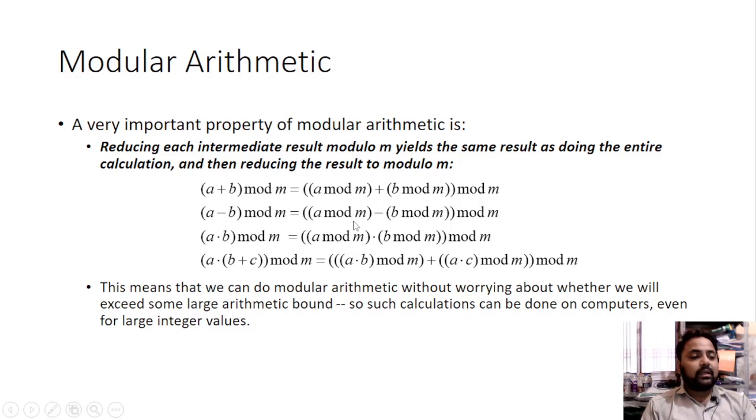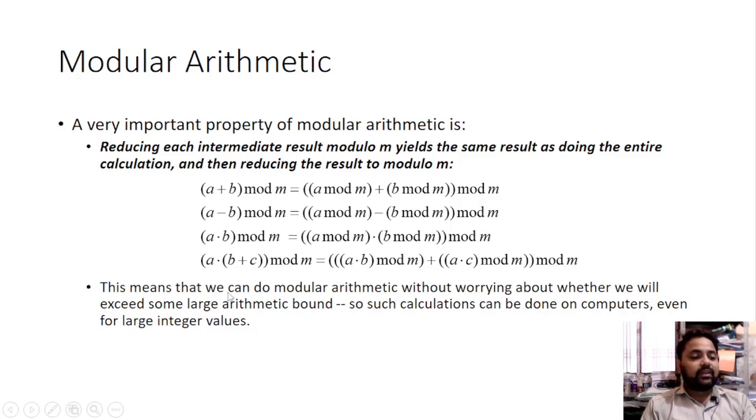Same here, A times (B plus C) mod m equals (A times B mod m plus A times C mod m) mod m, where both terms together are taken mod m.